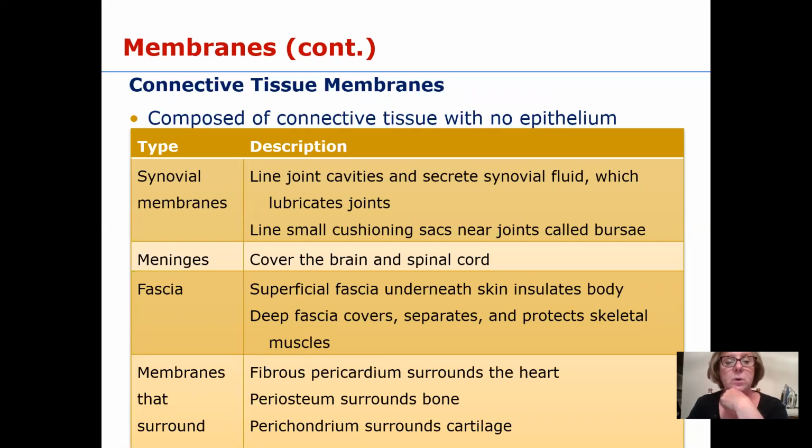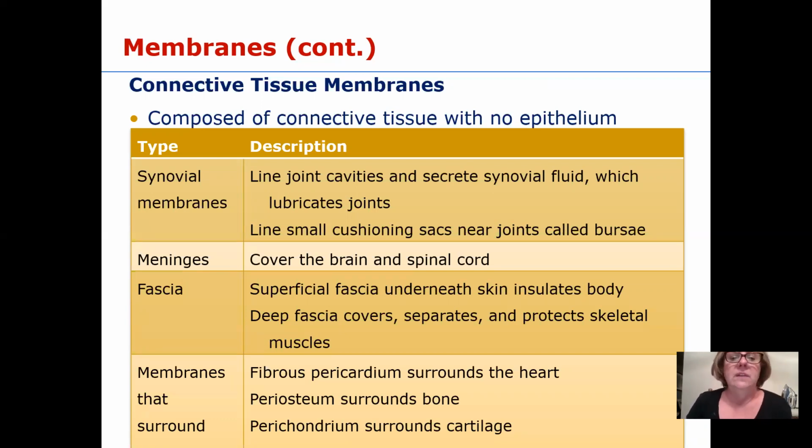So we have synovial membranes. They line all of our joint cavities, like our shoulder. The meninges, they are coverings or membranes over our brain and our spinal cord. So when you consider an inflammation of the spinal cord and the brain, that would be meningitis.